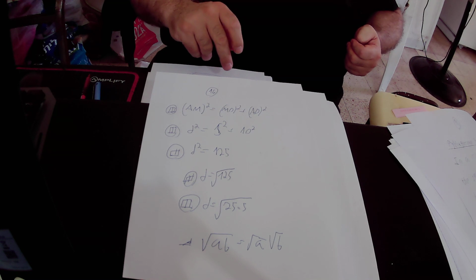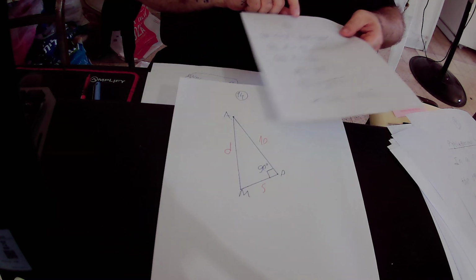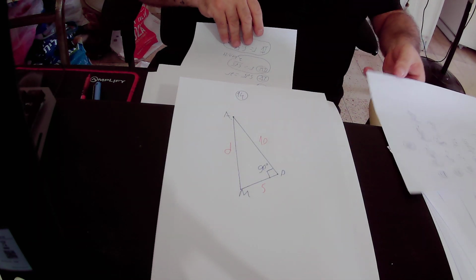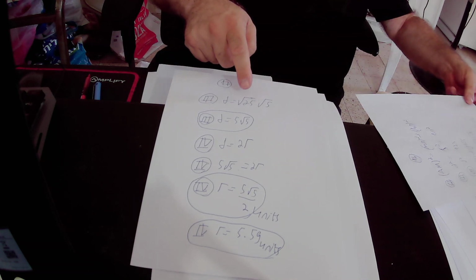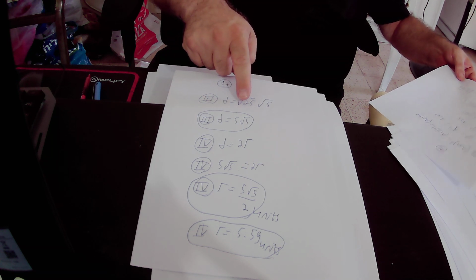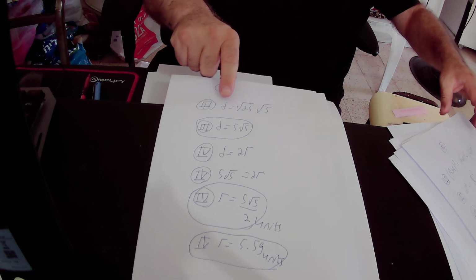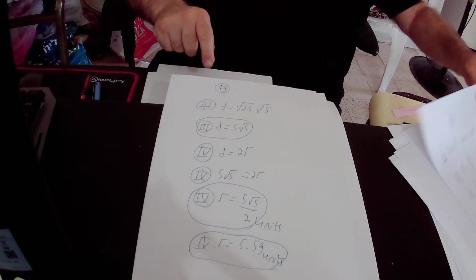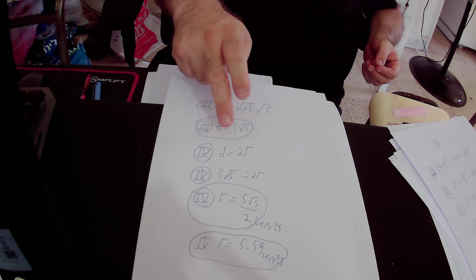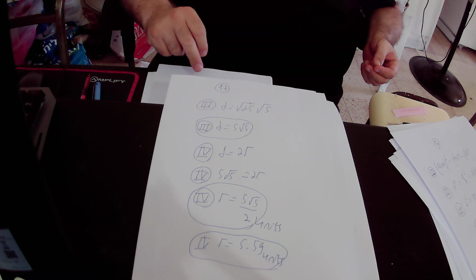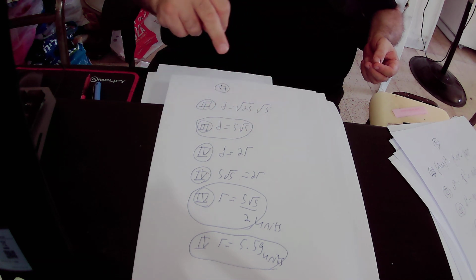And we got that the diameter of the circle equals 5 times root 5. Okay, but we know that the diameter of any circle equals 2 times the radius. Our fourth equation states that the diameter equals 2 times the radius.